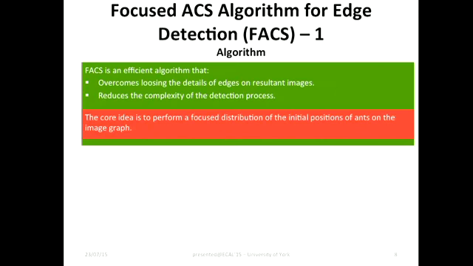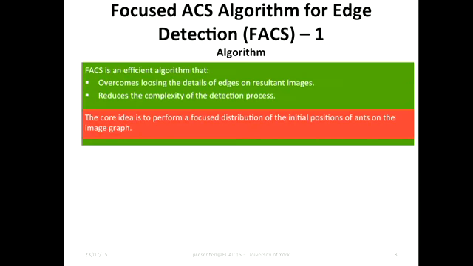The core idea of the algorithm is, instead of initializing the ants of the ACS on uniformly distributed positions, we initialize our ants on focused or selected positions that represent promising positions to find our solution.